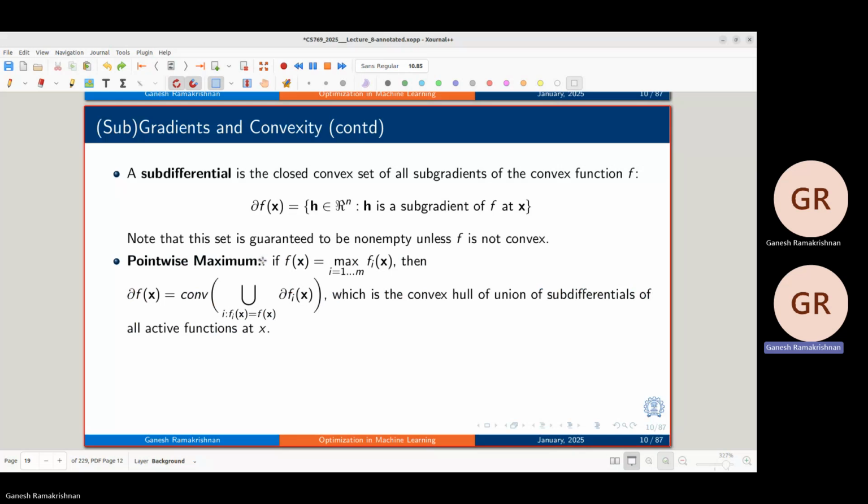Okay. So we'll take the special case when the two functions are just linear functions. You know that the subgradients, what will they coincide with? Zero everywhere, right? If it were, let's take a slightly non-trivial example.